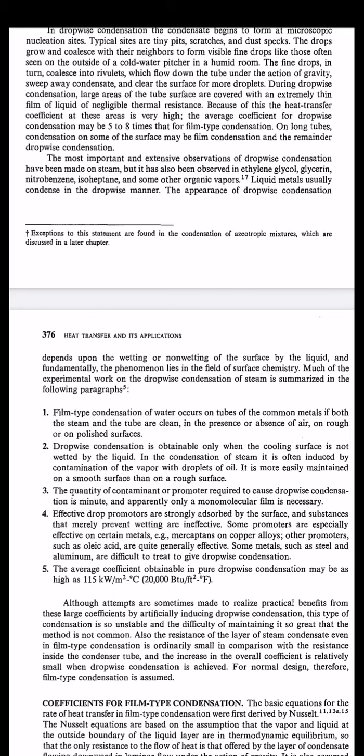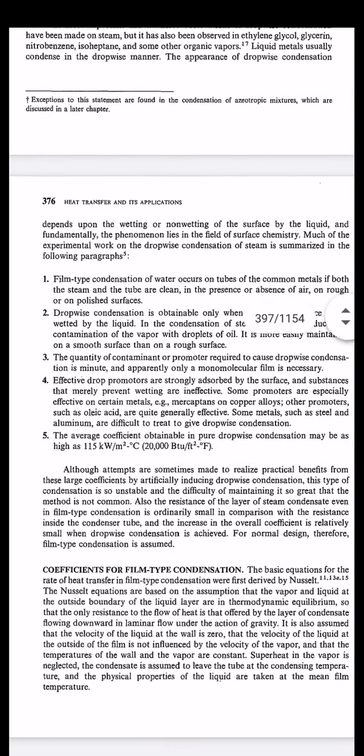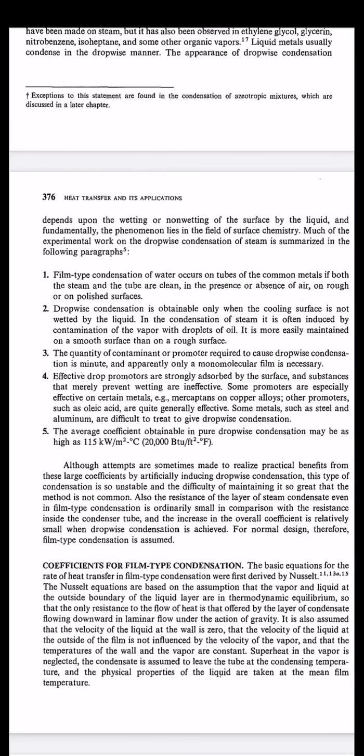So in the condensation of steam, it is often induced by contaminating the vapor with droplets of oil. Now the quantity of the contaminant or promoter required to cause dropwise condensation is very minute. As I said, wax, a sticky material, is used.